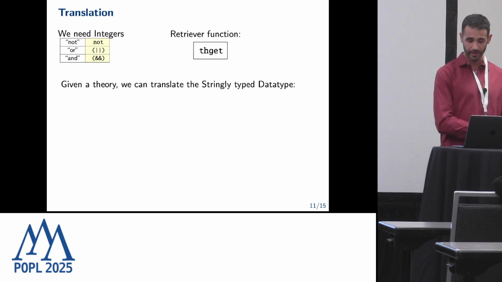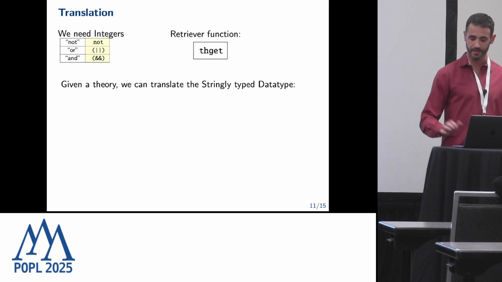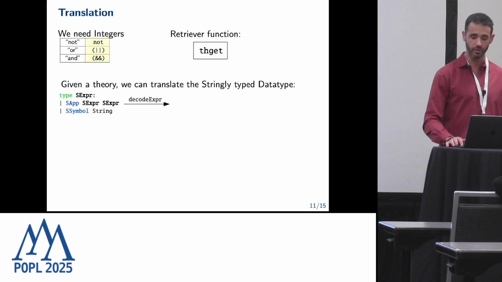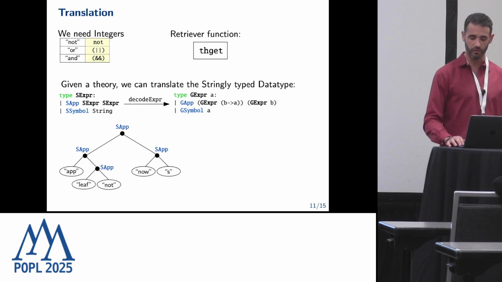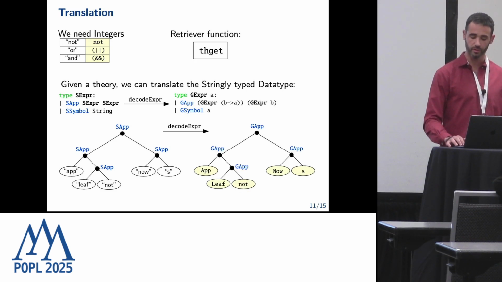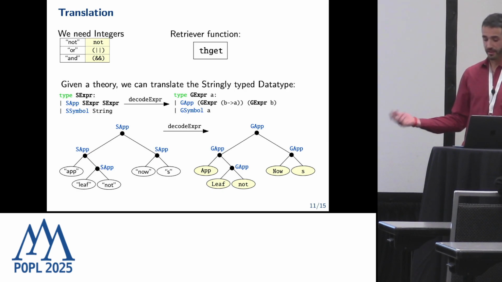And now with the theory and the stringly typed parsed data type, all we have to do is replace the leaves in the expression, and we get a similar expression with the same shape, but where the leaves are already Haskell values. So from this, given a theory table, we were able to decode the expression with the leaves as Haskell values.